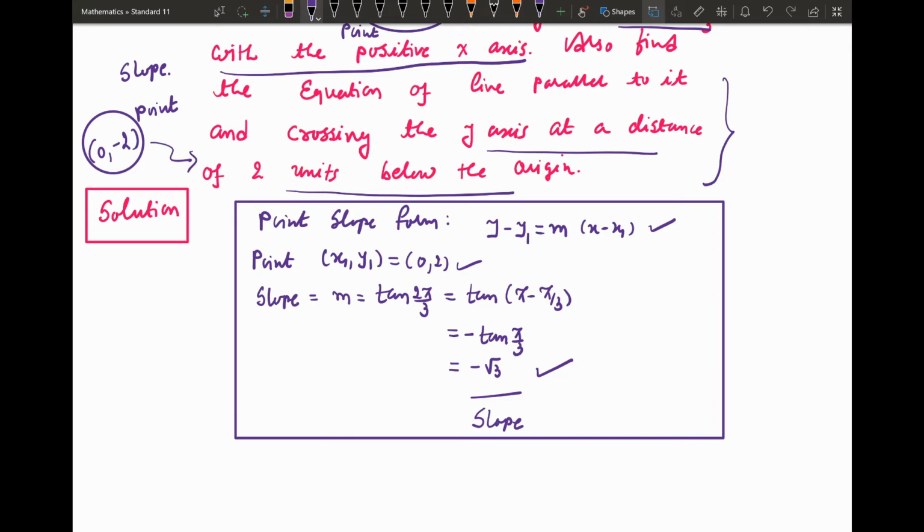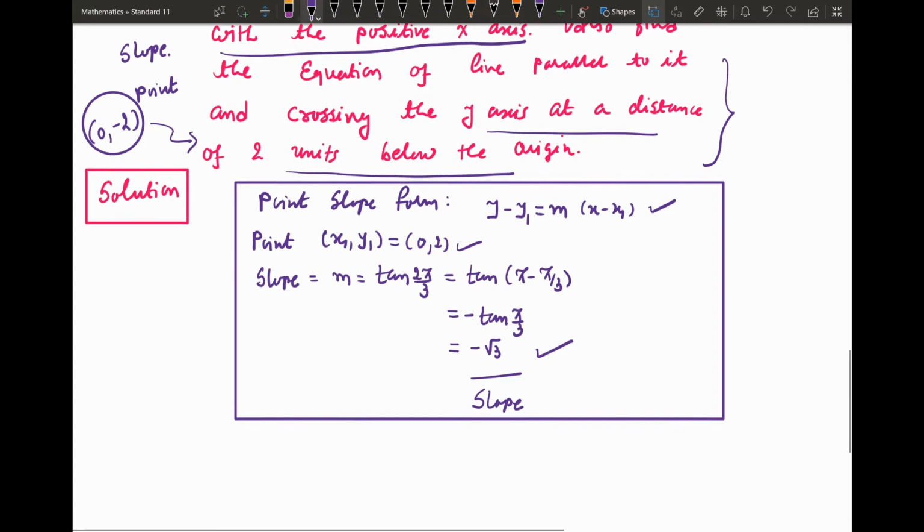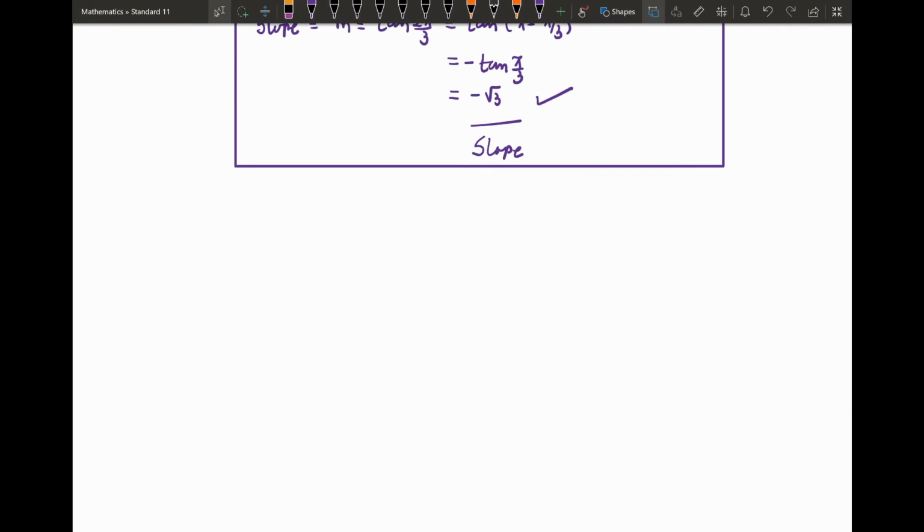So for the second equation, the point will be 0 comma minus 2 and the slope will be minus root 3, and again we will use the point slope form.